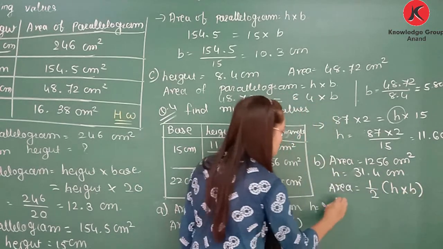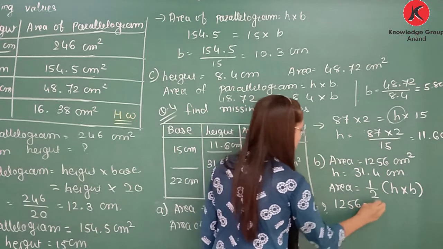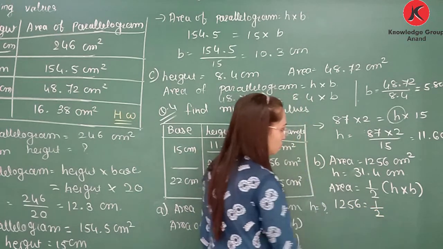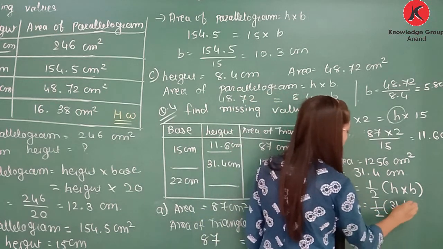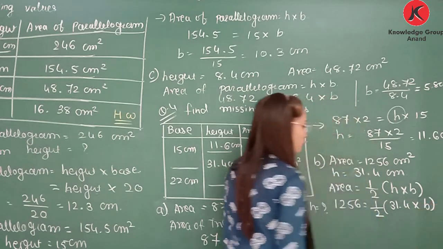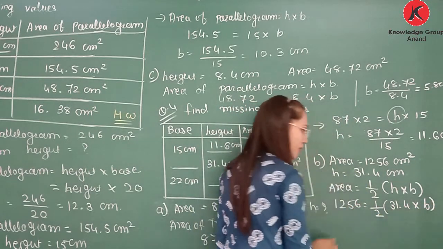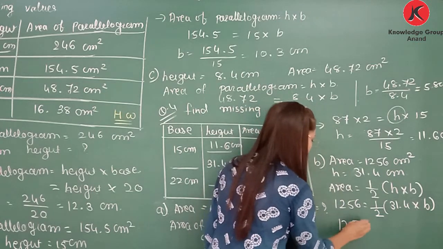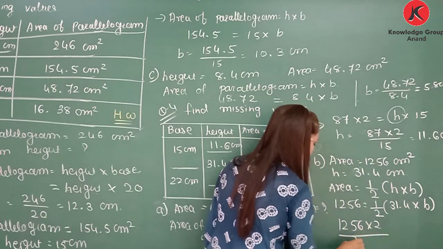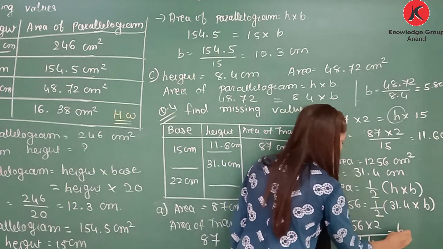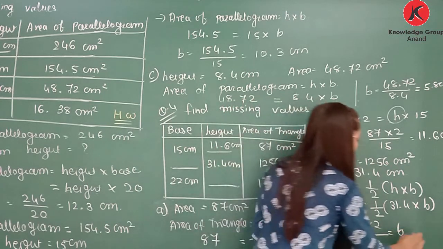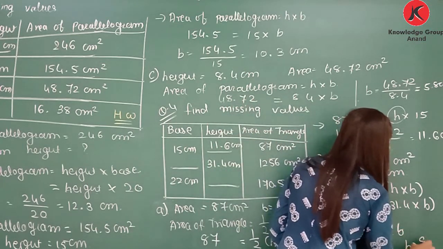Now write the values: 1256, that is area, 1 by 2, height is 31.4 and base we need to find. The 2 will be in multiply and 31.4 will be in divide. If you solve this, you will get the base.